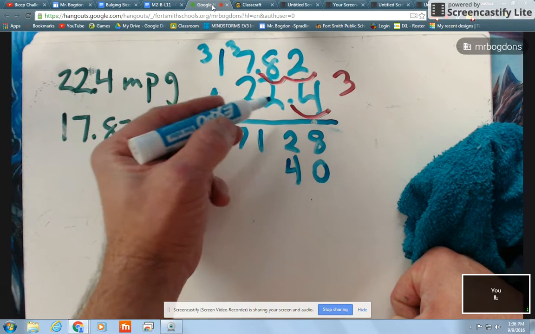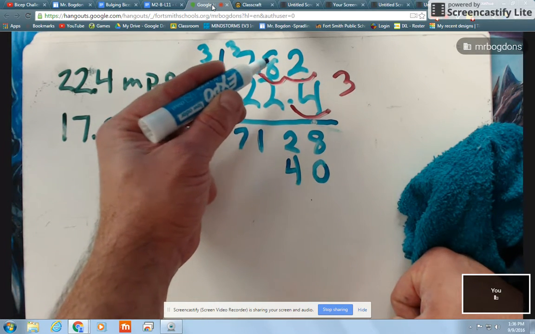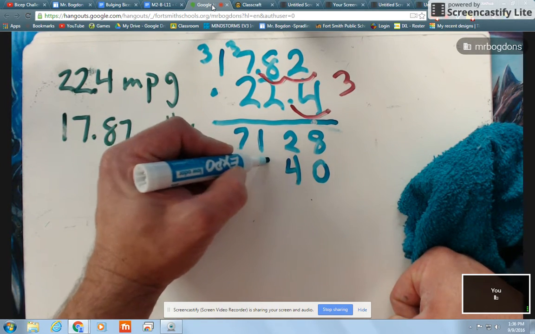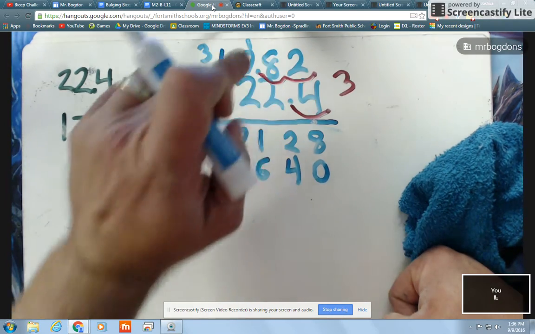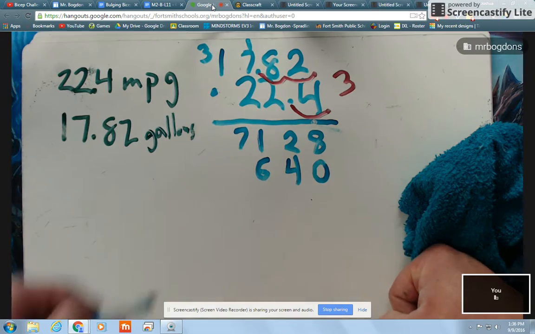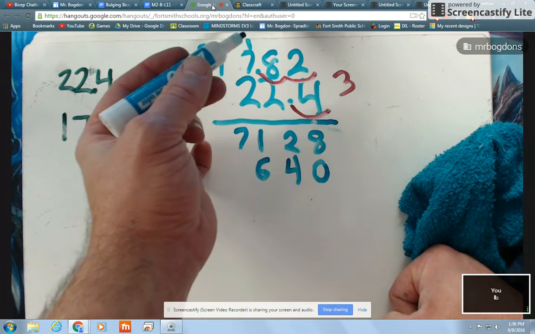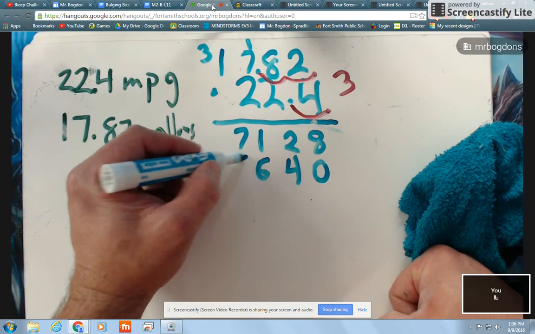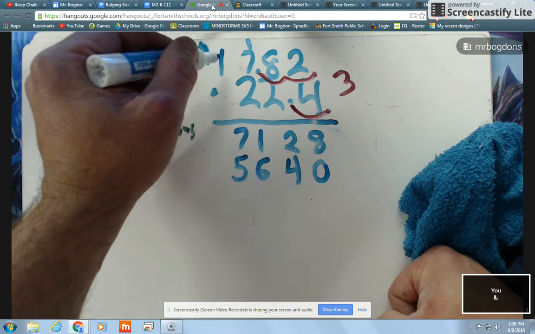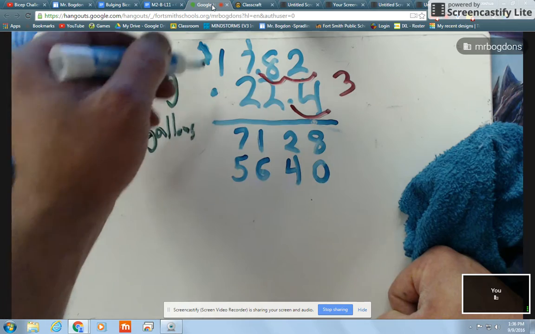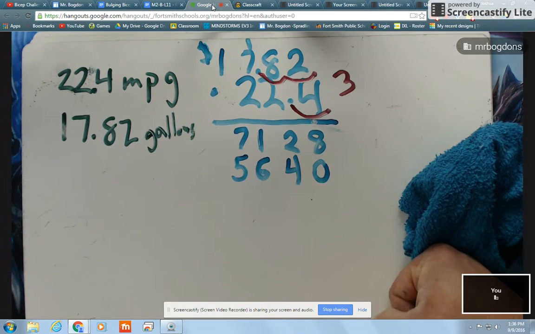I love the volunteers here. 2 times 8? 16. Check yourselves. I'm going to regroup my 1. What is 2 times 7? 14 plus 1? Then I'm going to regroup my 1. What is 2 times 1? 2 plus my 1.